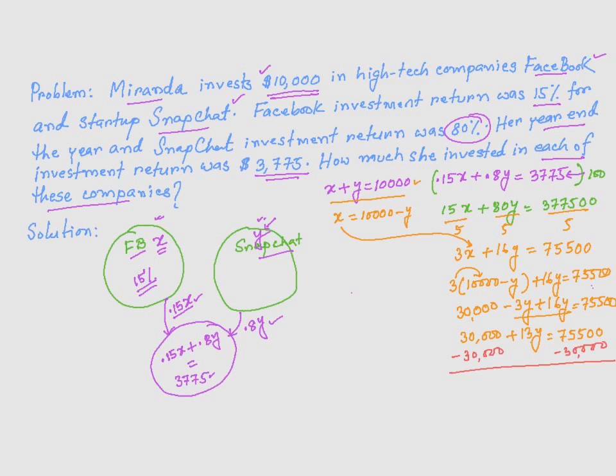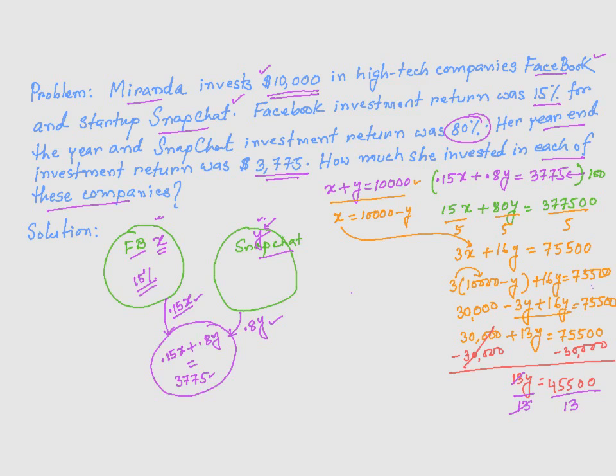If I do that on the left hand side, these two cancel out. That gives me 13Y is equal to, on the right hand side, 45500. Now to solve for Y, I'm going to divide both sides by 13.